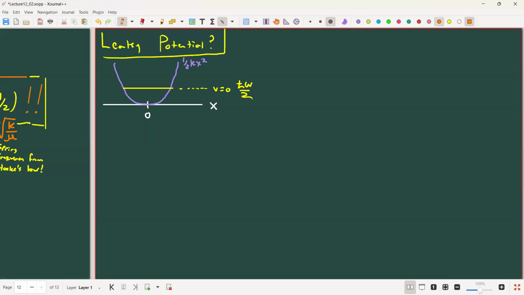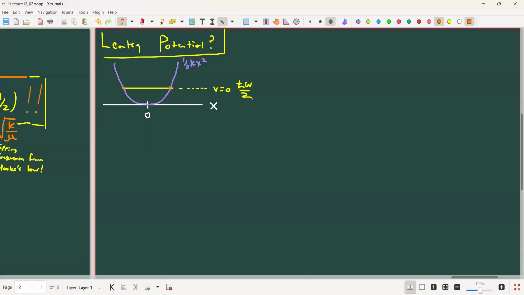And we could say that there are two classical turning points. These are the points where the energy horizontal line intersects the potential. We'll call them X minus and X plus. These are the turning points. If this were a classical spring, I would know the spring would oscillate between these two points.